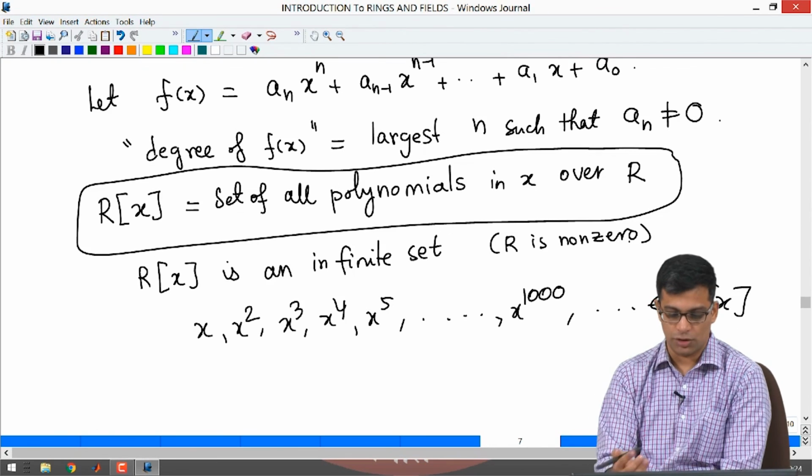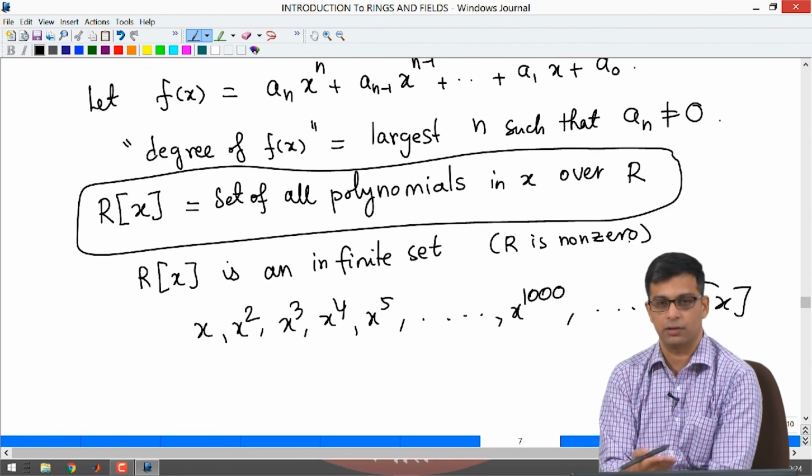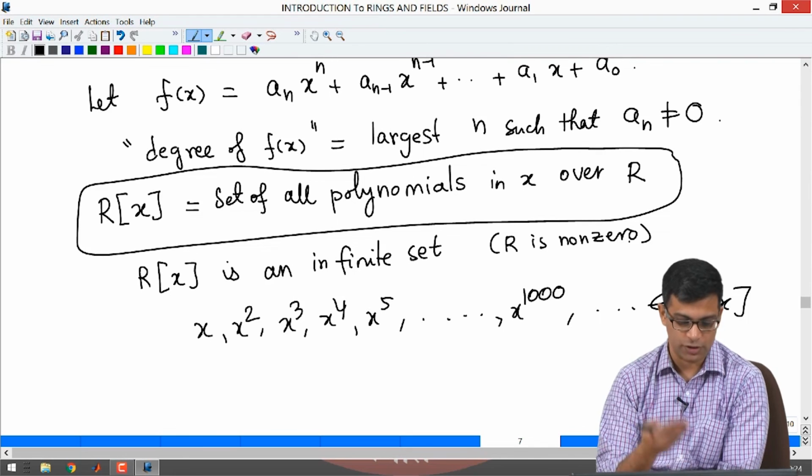Assume that R is non-zero, so there is a 1 in it that is not 0, then you have all these elements. So, it is an infinite set.